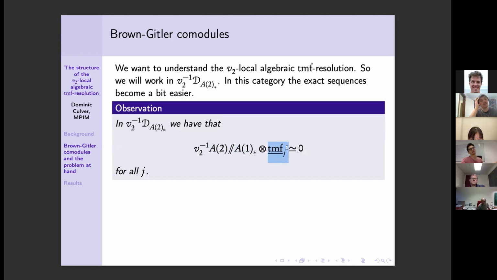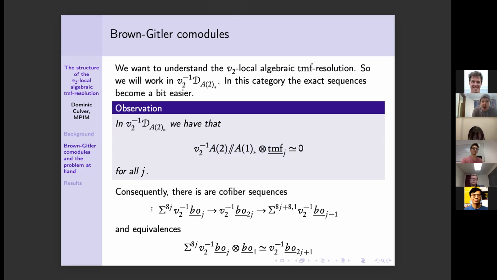But on Ext over A1, the multiplication by V2 is 0. If I'm inverting something which acts by 0 on the Ext groups, the Ext groups are 0. And because the Ext groups detect equivalences, this thing is contractible in the V2 local category. So that makes those exact sequences a little bit easier.